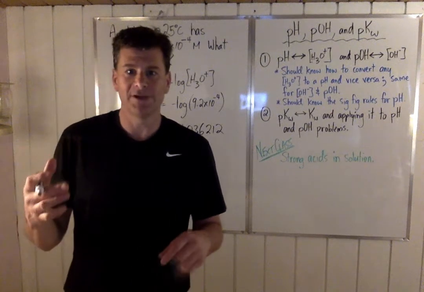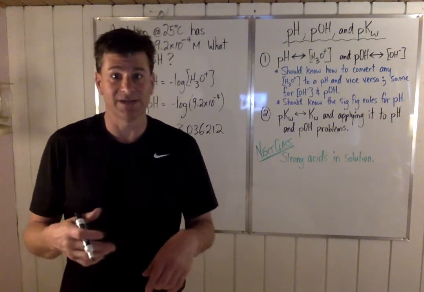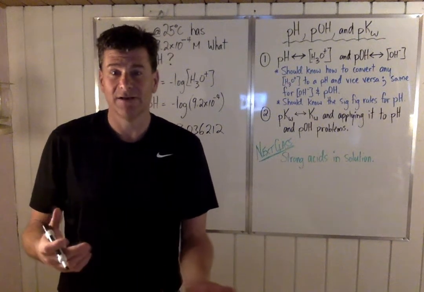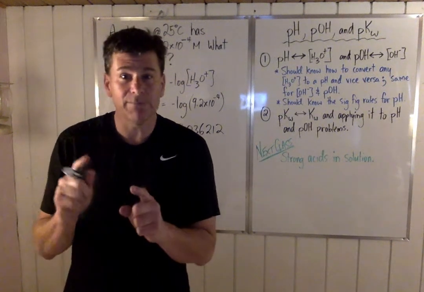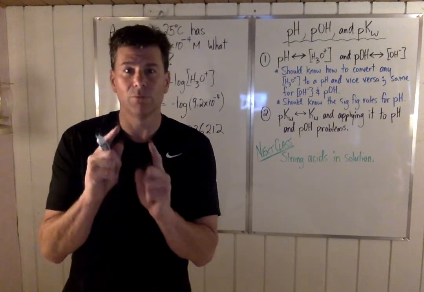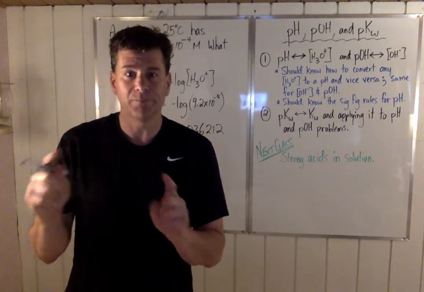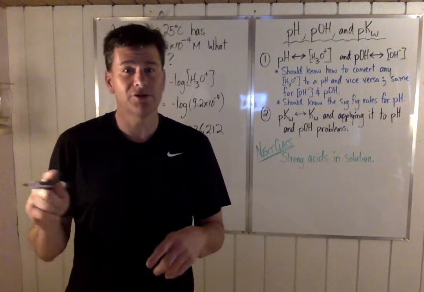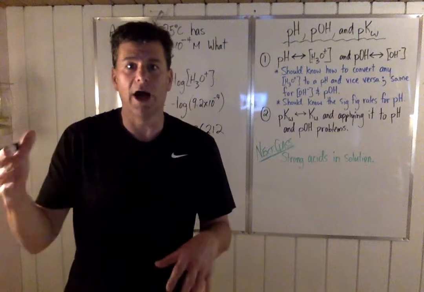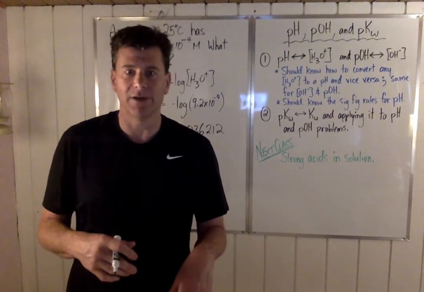It's closer to 1 times 10 to the negative 3 than it is 1 times 10 to the negative 4. So you should be able to anticipate that this should be between pH of 3 and pH of 4, knowing that we're talking about the exponent on the 10. But it's closer to the 3 than it is to the 4, because 9.2 is almost up to that 1 times 10 to the negative 3.